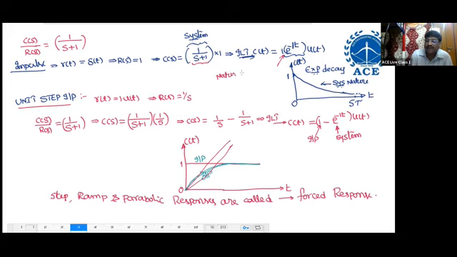Natural response, also called the system response.